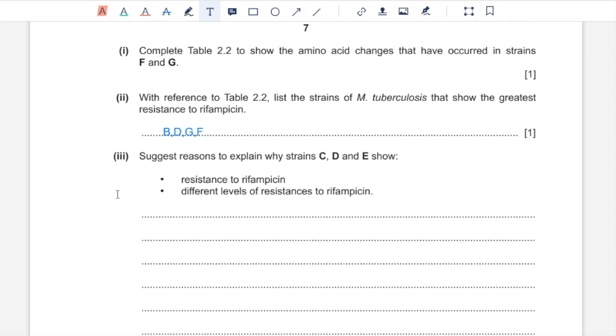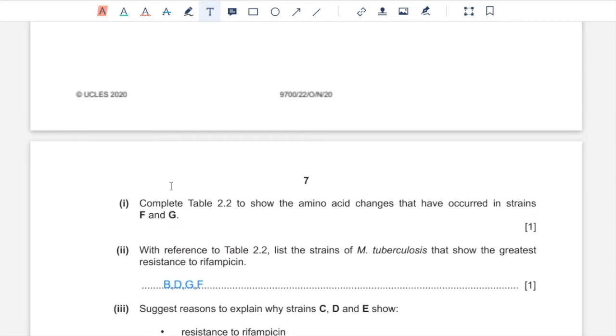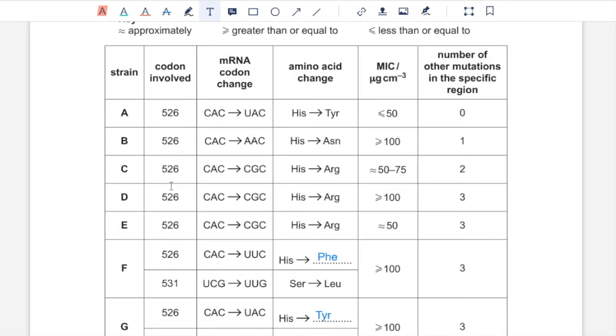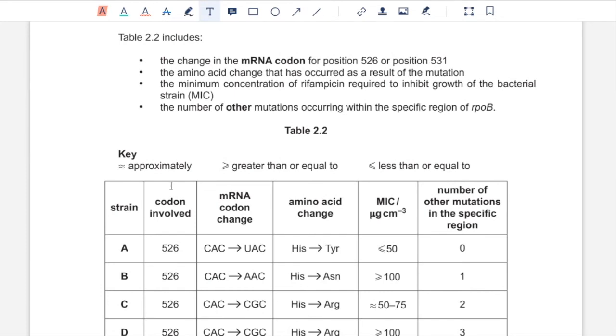So rifampicin binds to a site other than the active site on RNA polymerase in bacteria, and that means in bacteria which are resistant to rifampicin, the antibiotic is not able to bind to the enzyme RNA polymerase, or in other words, the shape of the enzyme has changed, and that change is due to the mutations involved in the gene which codes for the beta subunit, which is the gene RPOB.